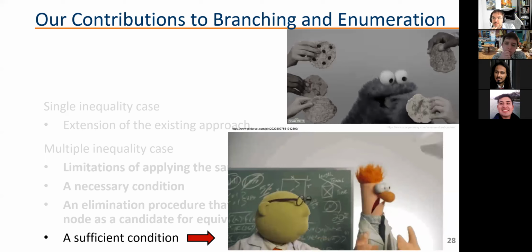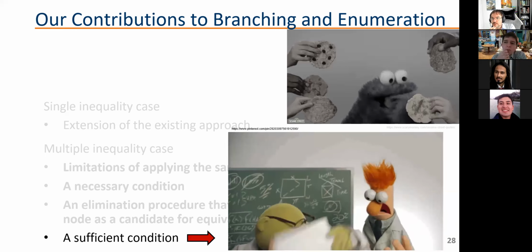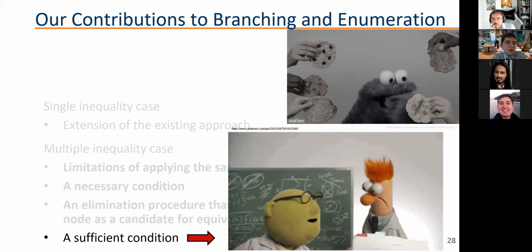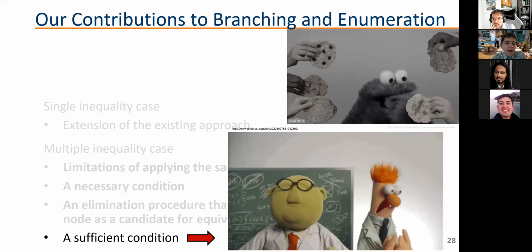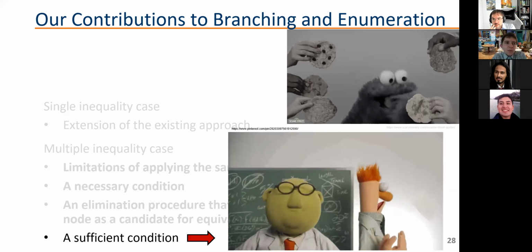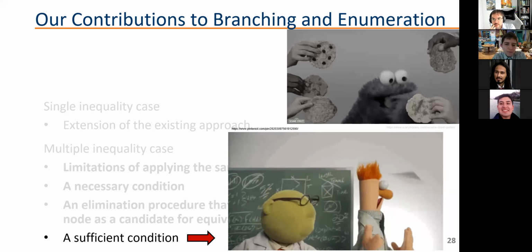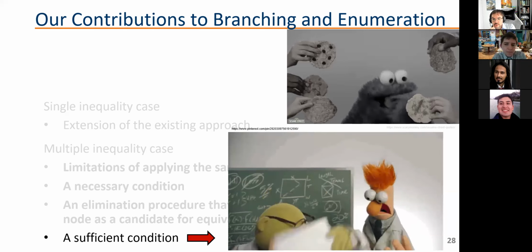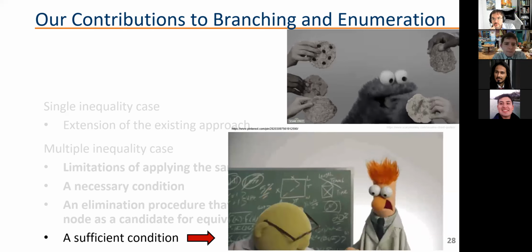Set packing, for example. Yeah. So from the moment you start, but from the moment you start assigning values to these variables, the right-hand side is going to change, right? Okay. The right-hand sides would change.